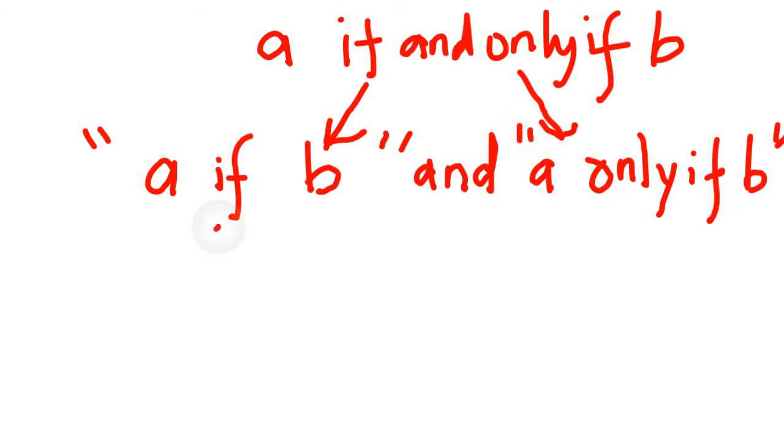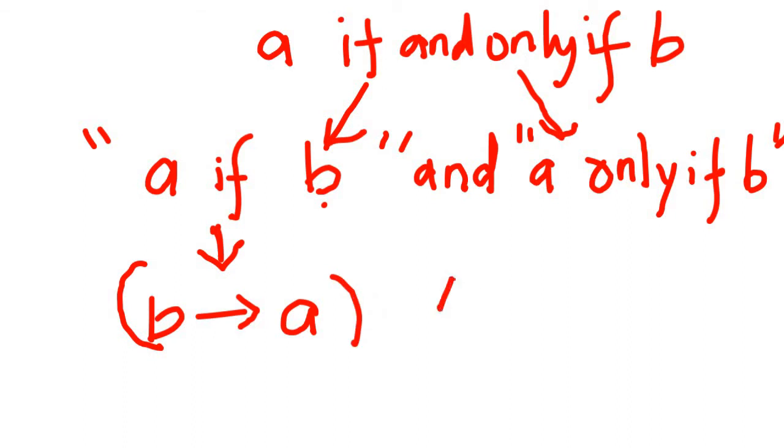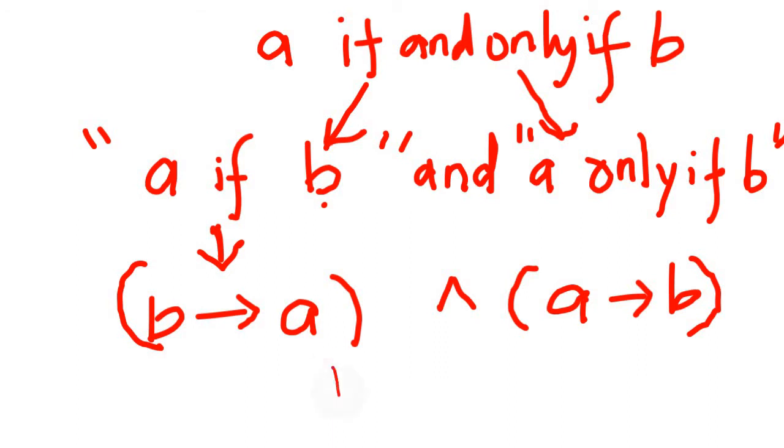From this, you could come up with the logical statement. So a if b is basically b as the antecedent implying a, and a only if b is basically a implying b. So together we have this as the biconditional, which is a if and only if b.